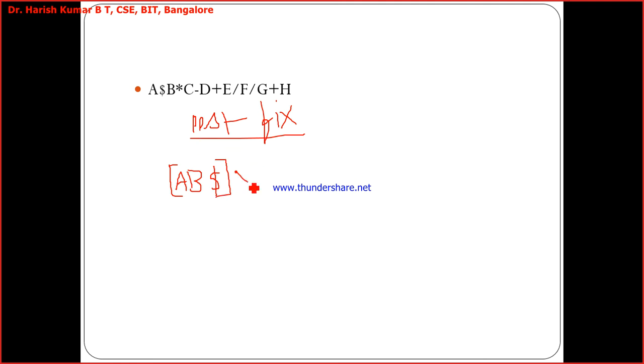And the rest all I'll write as it is. So do it step by step. Star C minus D plus E by F divided by G again plus H. Okay, next, which one will you evaluate?